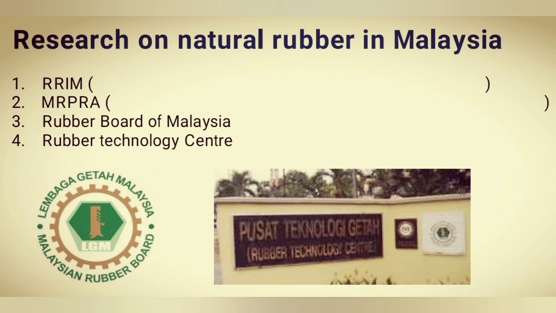What are the contributions of palm oil and natural rubber? Oil palm and rubber are two of the major agricultural crops in Malaysia. These two crops play a major role in the country's economy.